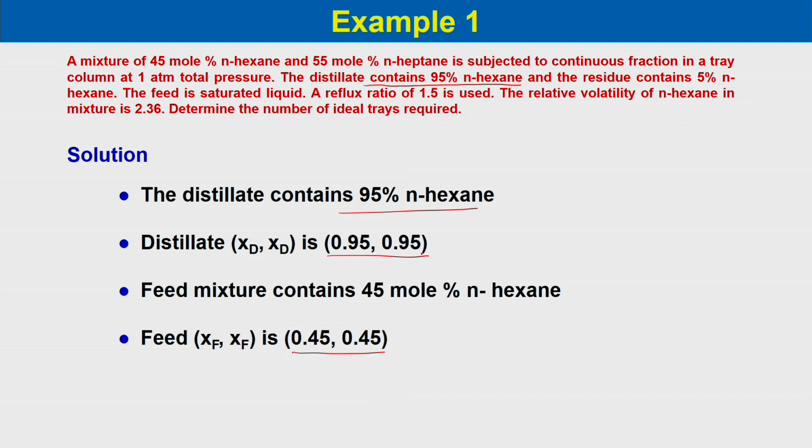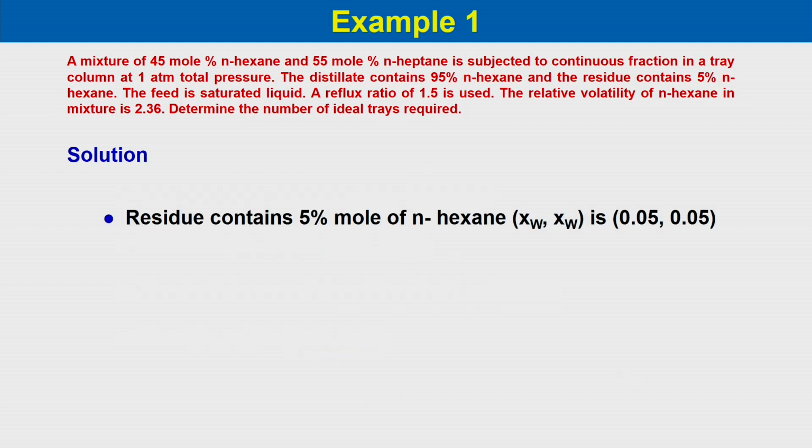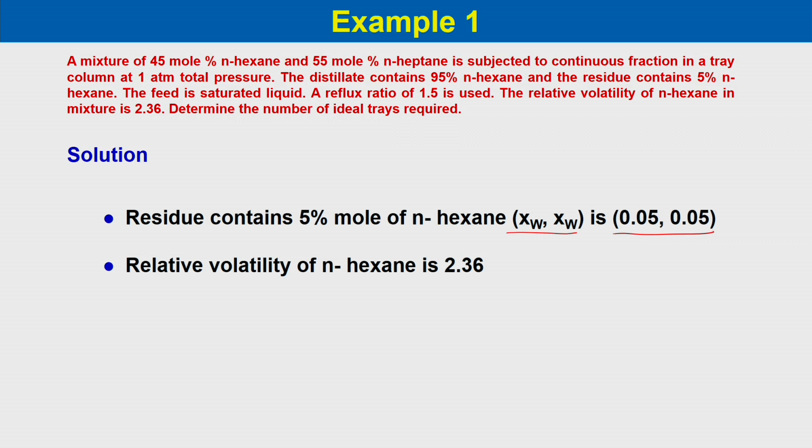So, both distillate and feed are known. Then the residue contains 5 mole percent of N-hexane, so xW is also known on the 45 degree diagonal, which is 0.05. Relative volatility of N-hexane is given, which is 2.36.